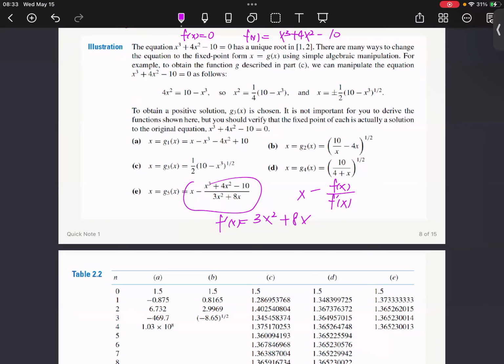And what is this? This is the Newton's methods format. You have your Pn minus 1, f(Pn minus 1), and f prime(Pn minus 1) here.